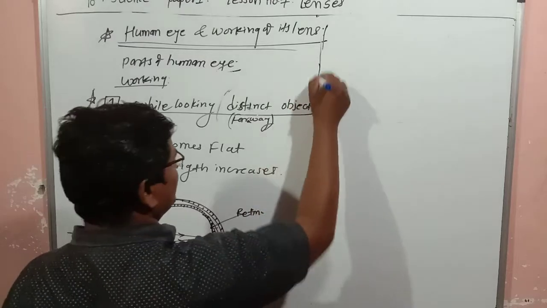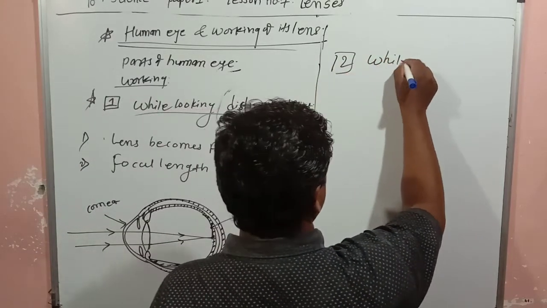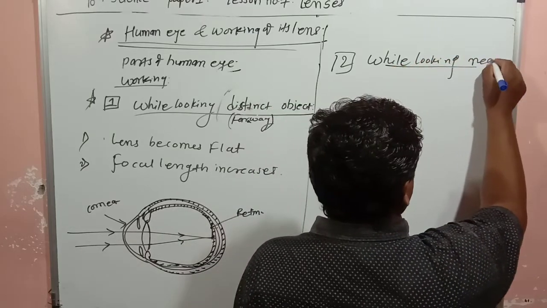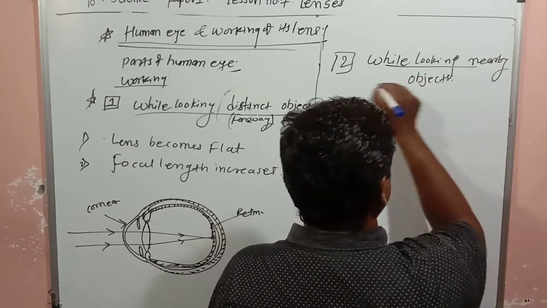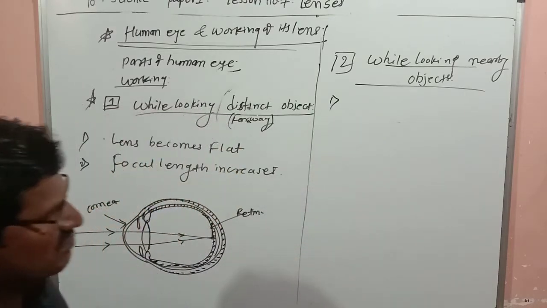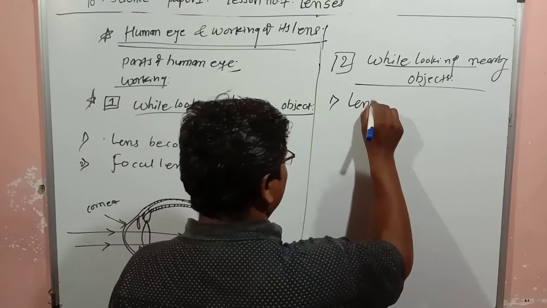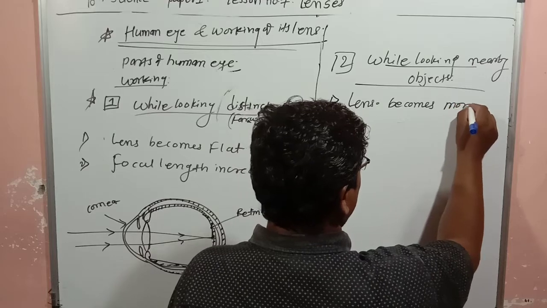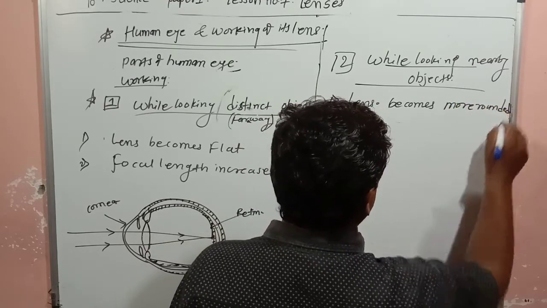The second point is, while looking at nearby objects, what happens? The opposite will happen. The lens will become round in shape. The lens becomes more rounded.